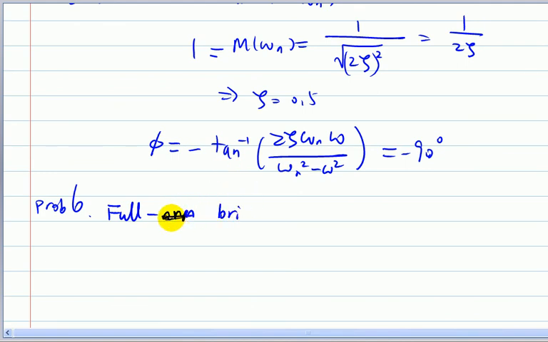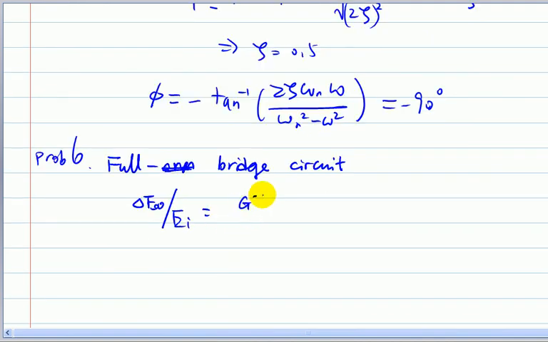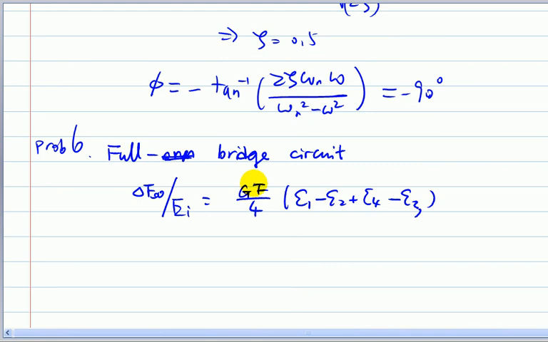The result is delta E naught over E i, the same result based on the same circuit, equal to GF over 4. Assume you have four gauge sensors having the same gauge factors. So that's based on the four-arm bridge.